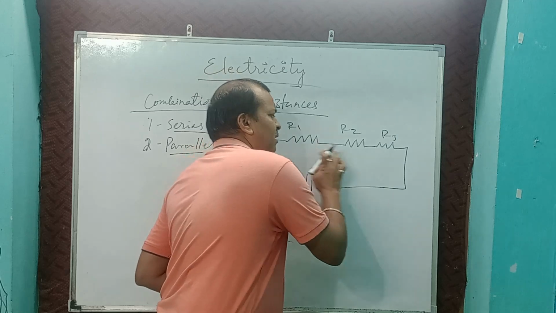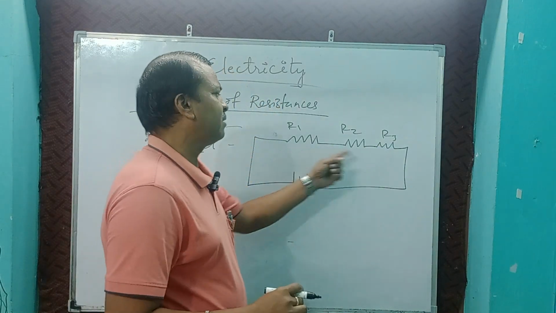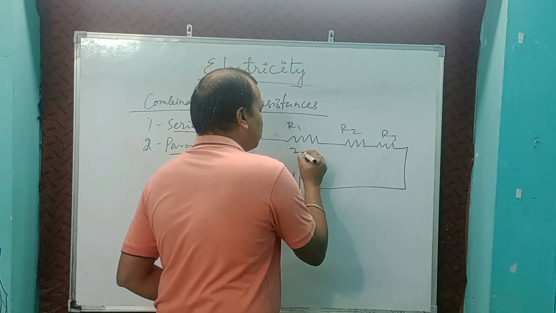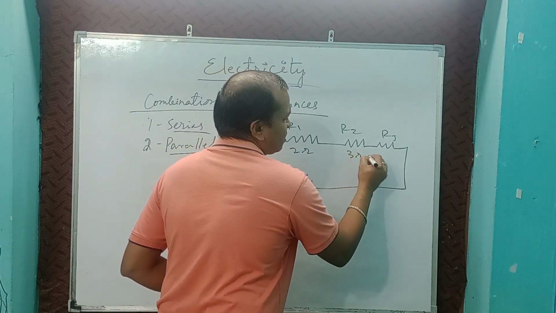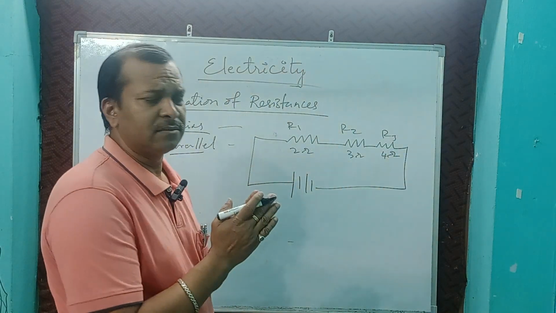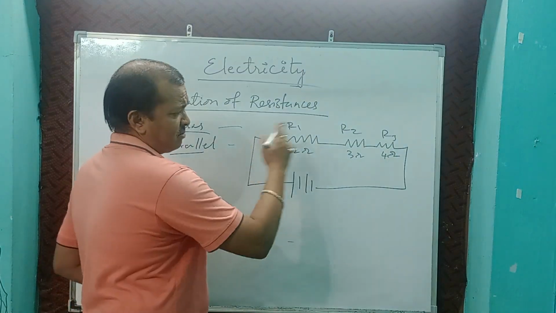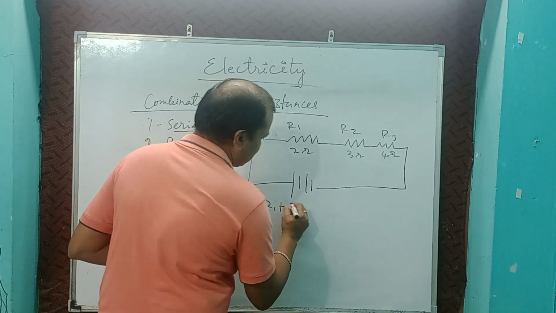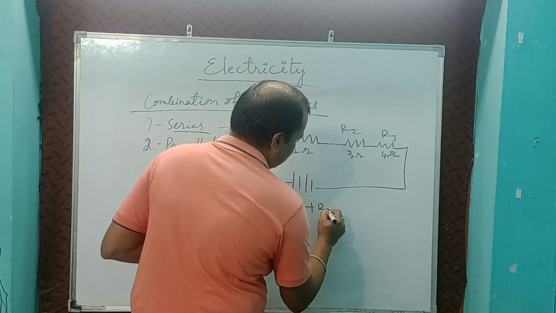It is in series, end to end: first one, second one, third one. Suppose here the resistance is 2 ohm, here 3 ohm, here 4 ohm. So what is the total resistance here? Total resistance R is equal to R1 plus R2 plus R3.